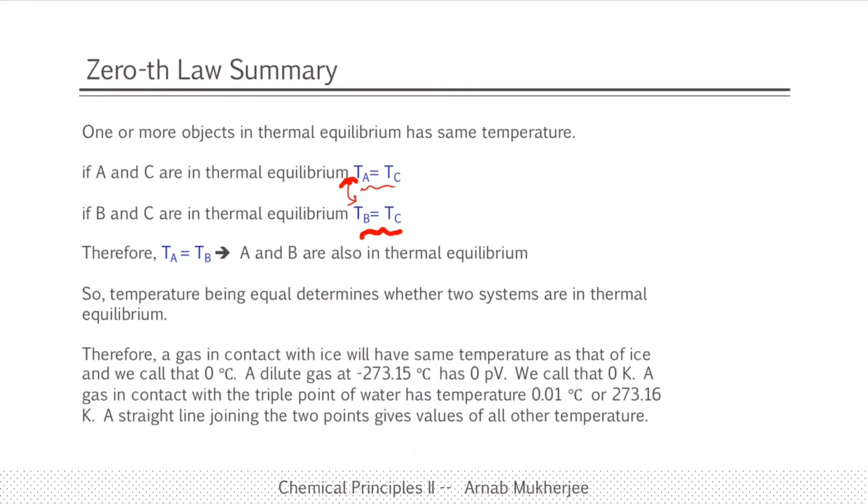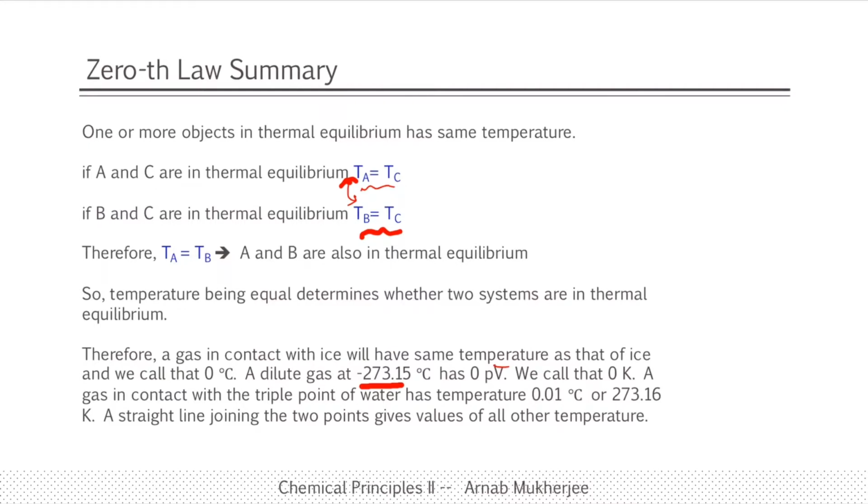Just to summarize, a gas in contact with ice will have the same temperature as that of ice, and we call that 0 degree centigrade. That is our definition. A dilute gas at minus 273.15 degree centigrade has 0 PV, we call that 0 Kelvin.